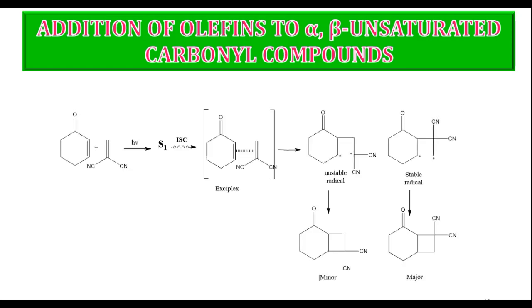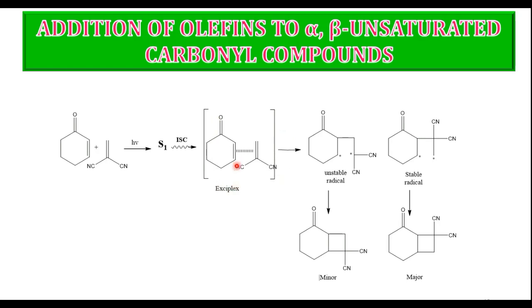Here you can see that this is the alpha beta unsaturated carbonyl compound, a 6-membered ring, reacting with a dinitrile olefin. First it forms a complex, a transition state called an exciplex.